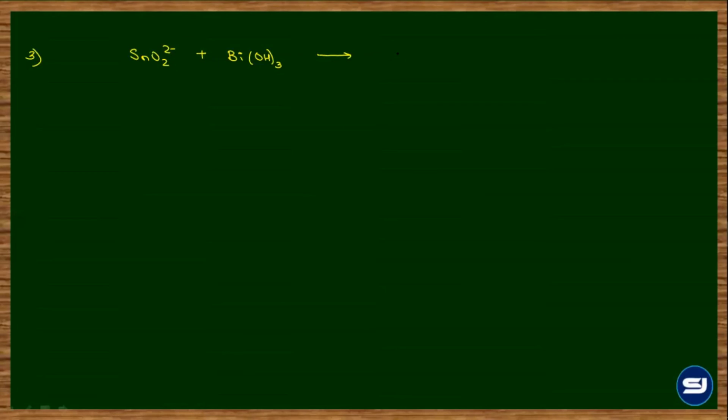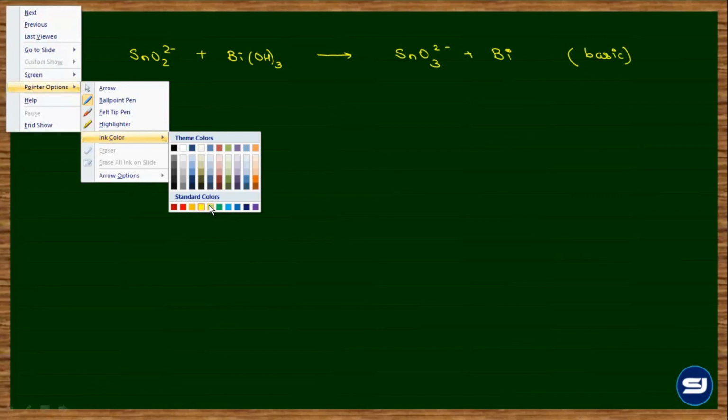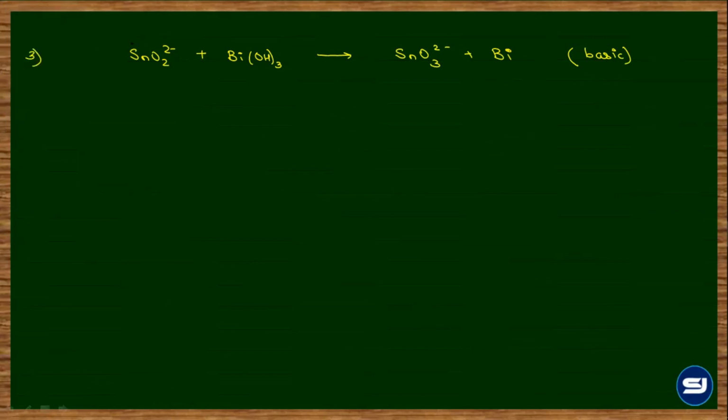SnO2 2 negative plus BiOH thrice giving SnO3 2 negative and Bi. And the medium of the reaction is basic. So let's start. Oxidation numbers.